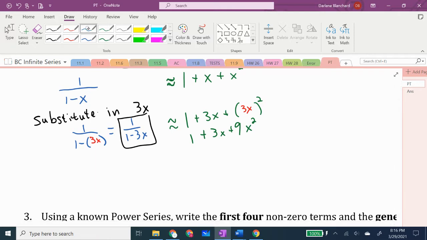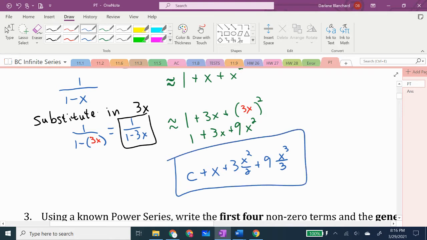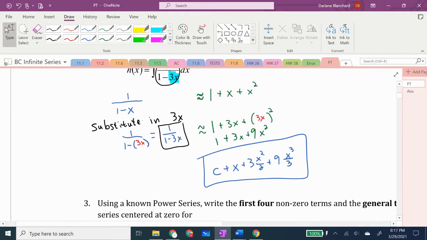So as I integrate, I want to remember that I'm starting with c plus, and then integral of 1, integral of 3x, and then, and that is all you need to do. It is an indefinite integral, so you're done at that point.